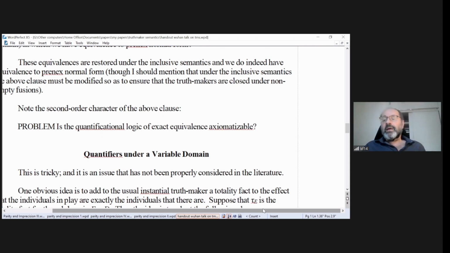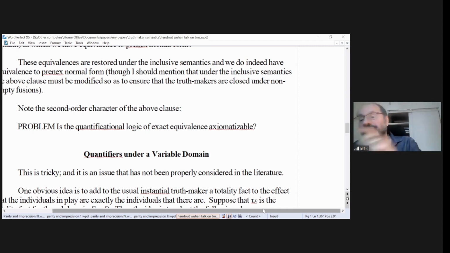Okay. And then what we do is take an exact truth maker for "for all x, A(x)" to be a fusion of a totality fact saying these are exactly the individuals there are, and all relevant instances.